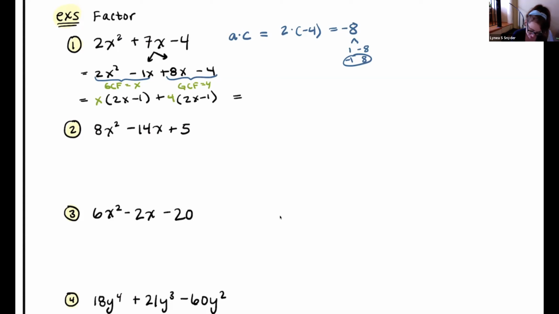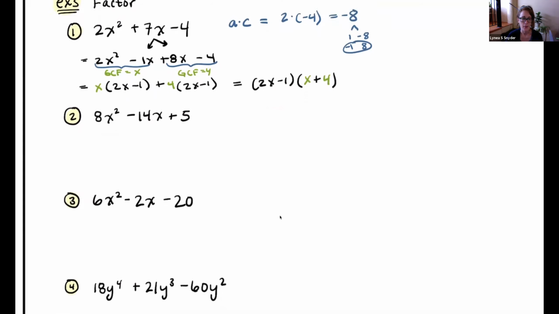Okay, then we take out this GCF of 2x minus 1, and what we are left with is x plus 4. And there we go, it's completely factored. We've got two linear terms here, and we have factored this quadratic.